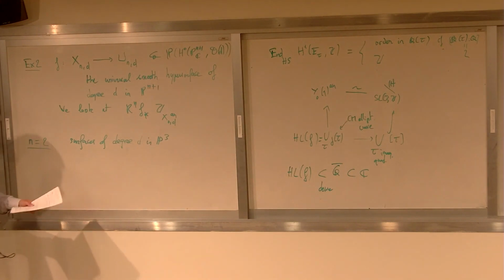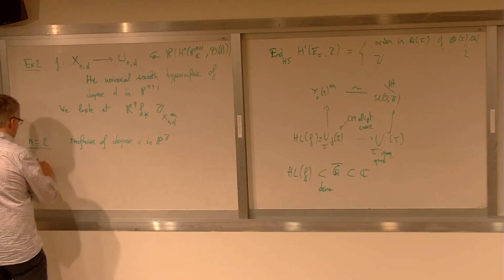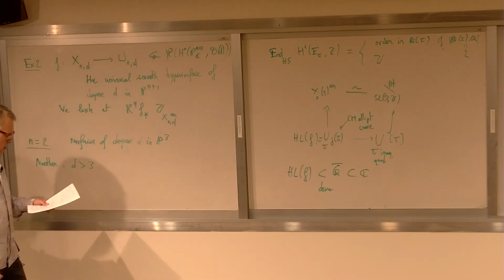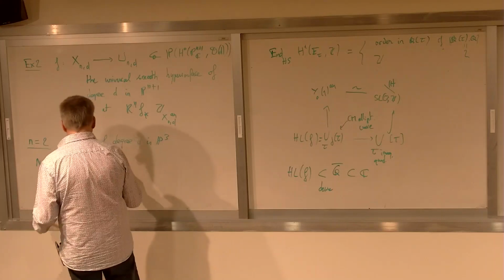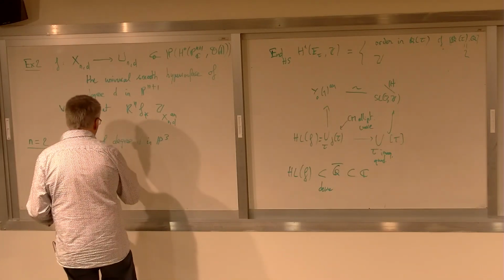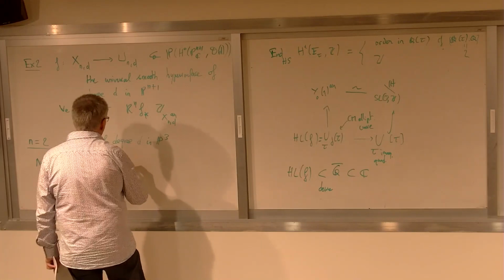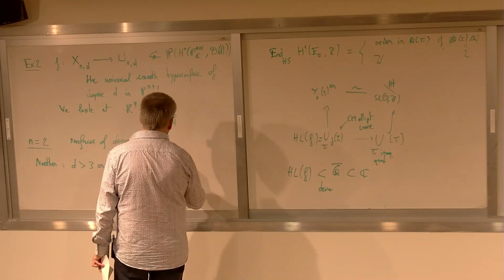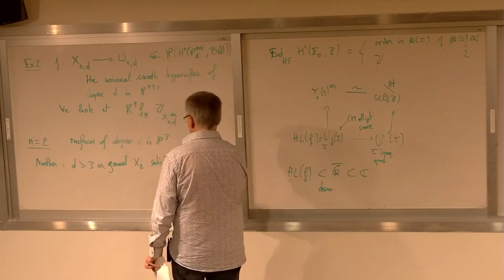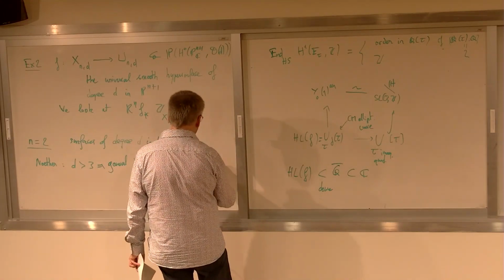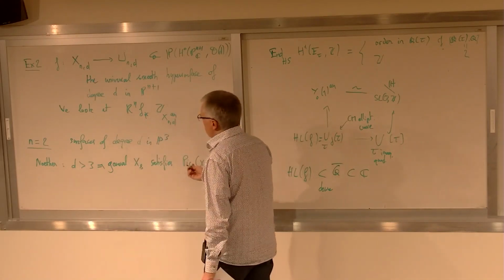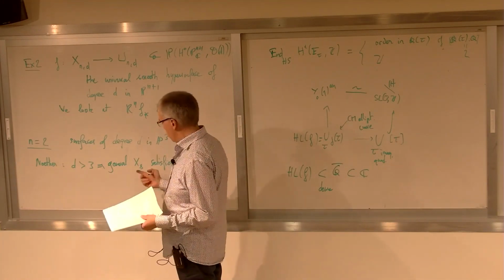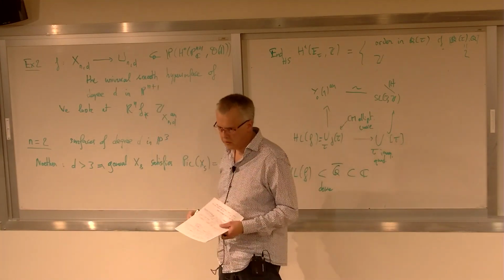Okay, so there is a classical result of Noether that tells you that as soon as D is larger than 3, then generically there are no interesting Hodge classes, in the sense that a general such hypersurface X_s satisfies that its Picard number is 1. In other words, any curve inside X_s is obtained as a complete intersection of X_s with a hyperplane in the projective space. Okay? This is what it means.